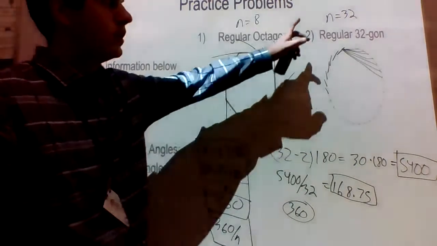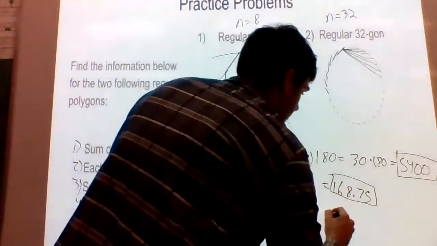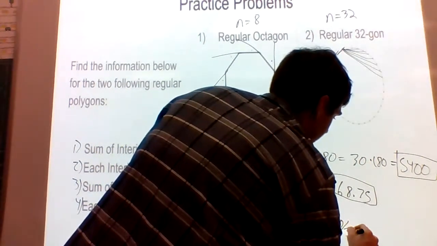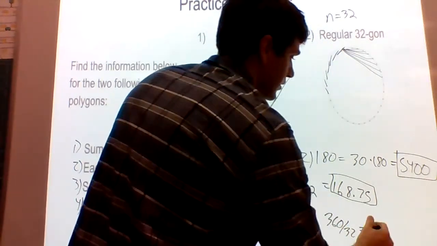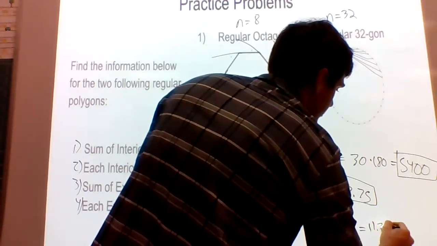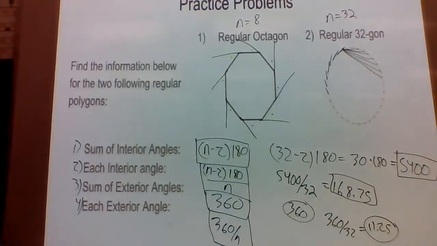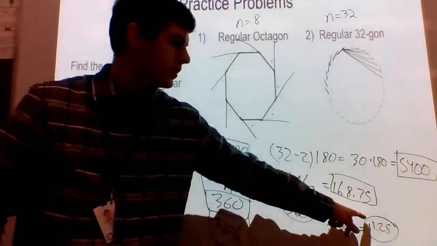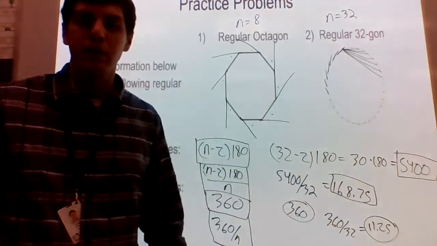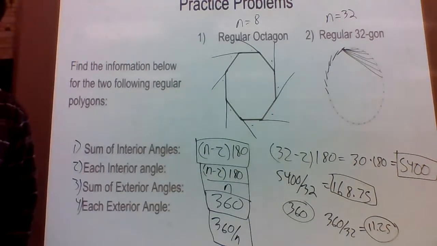How many angles are there? There are 32 angles, so 360 divided by 32, which is going to be 11.25. Again, supplementary, right? The interior angle and the exterior angle are going to be supplementary.